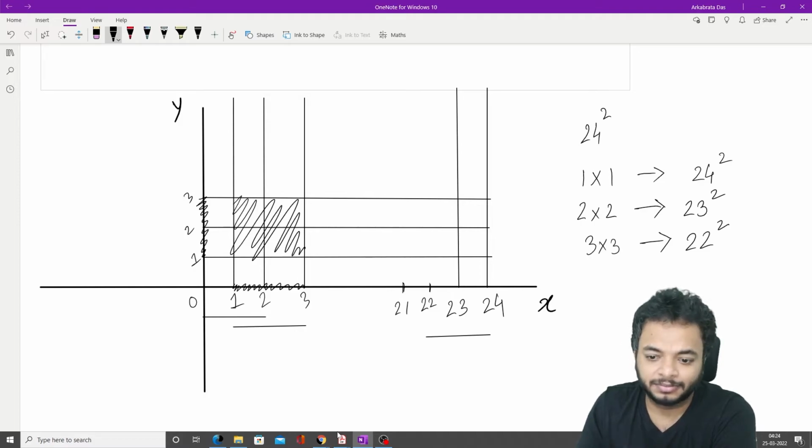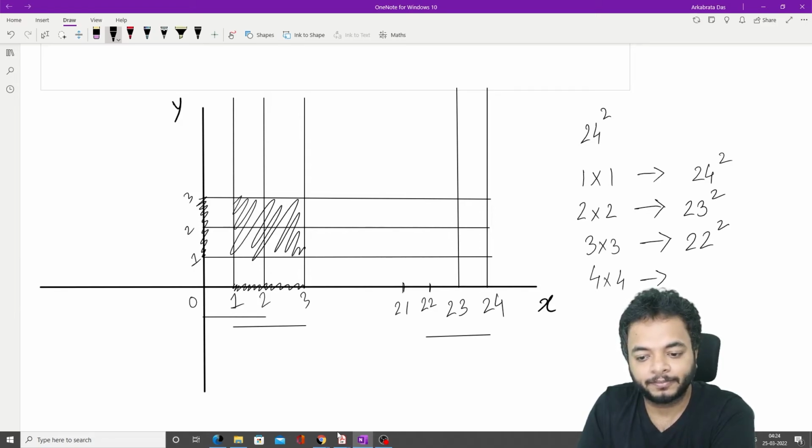So you now got the pattern. For 4 cross 4 it would be 21 squares, okay, and so on till 24 cross 24.